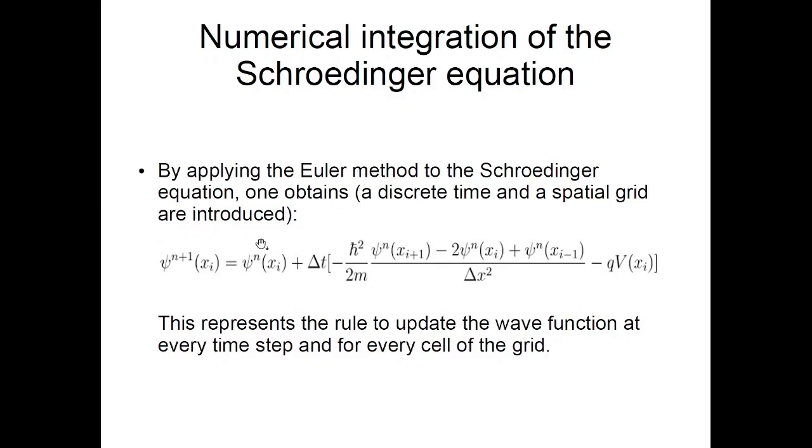So here psi at n would be the solution at the time step corresponding to n, and here you would have the solution psi at the time step n plus 1. And in the same way, the variable i is a discrete variable used in exactly the same way as the time variable n.